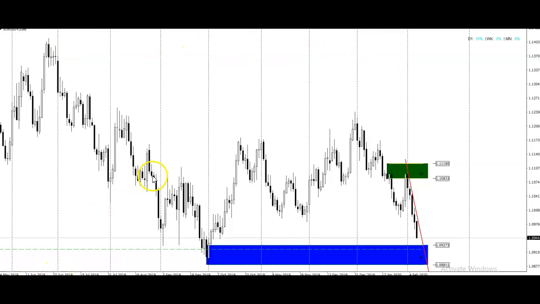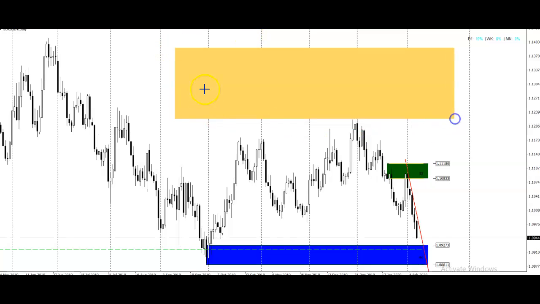So the trade setup this week is we're just going to get into this trade more or less from the open. I'm just going to text here: buy Euro USD at 1094.